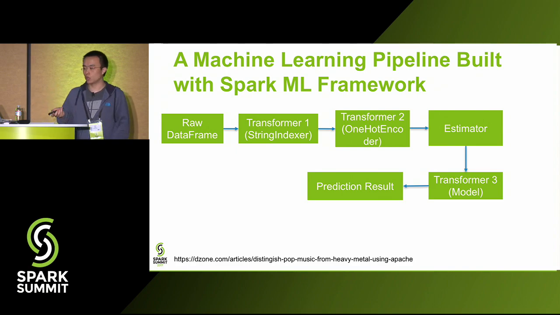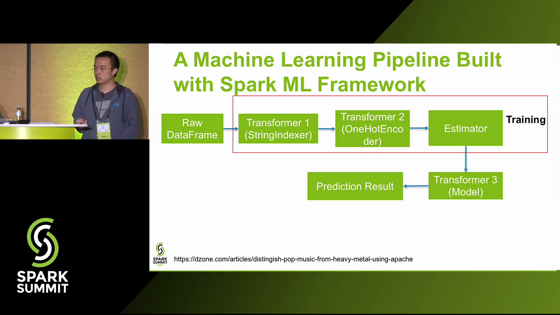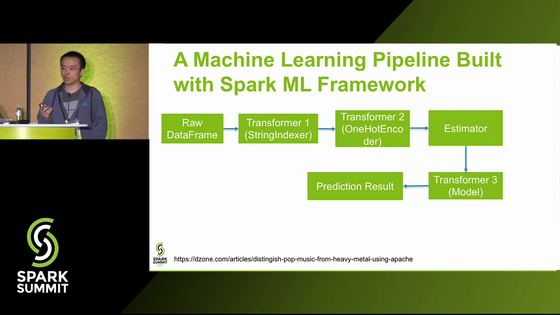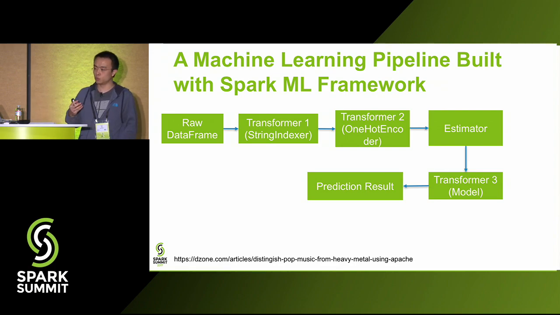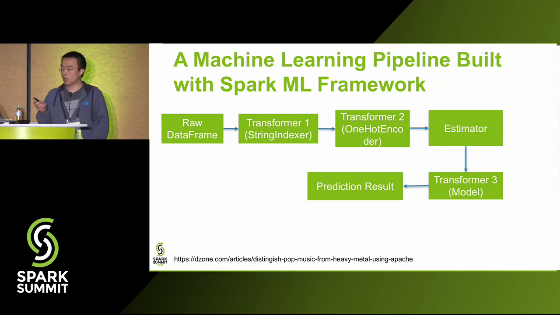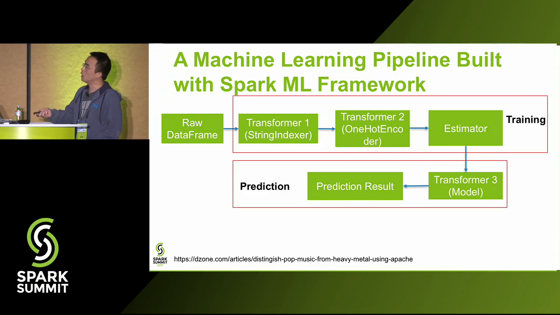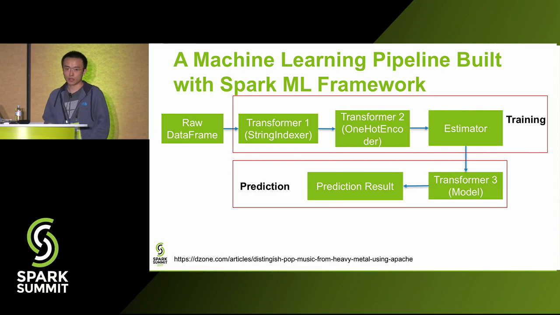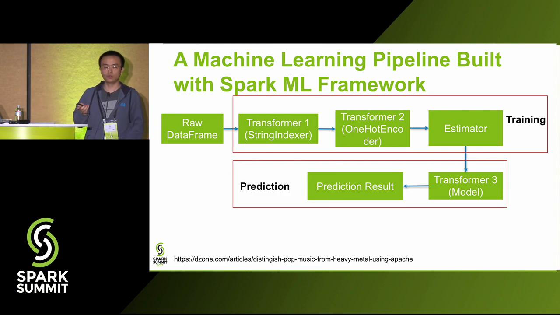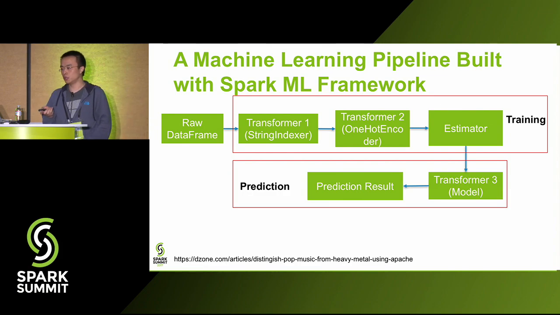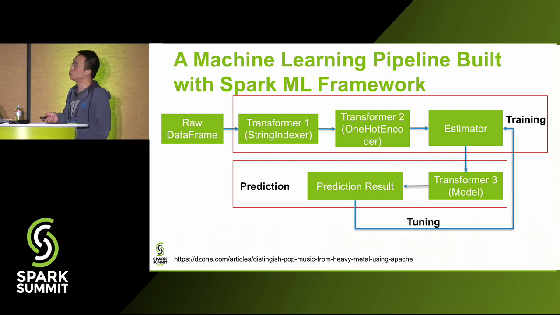This estimator will produce another transformer. Sorry, that is actually the model we want to train. And then with this model, we can get a prediction result. This pipeline is separated into two parts: first the training, and second the prediction. And in many cases, we want to use the prediction result to feed it back to the training phase and tune our models.